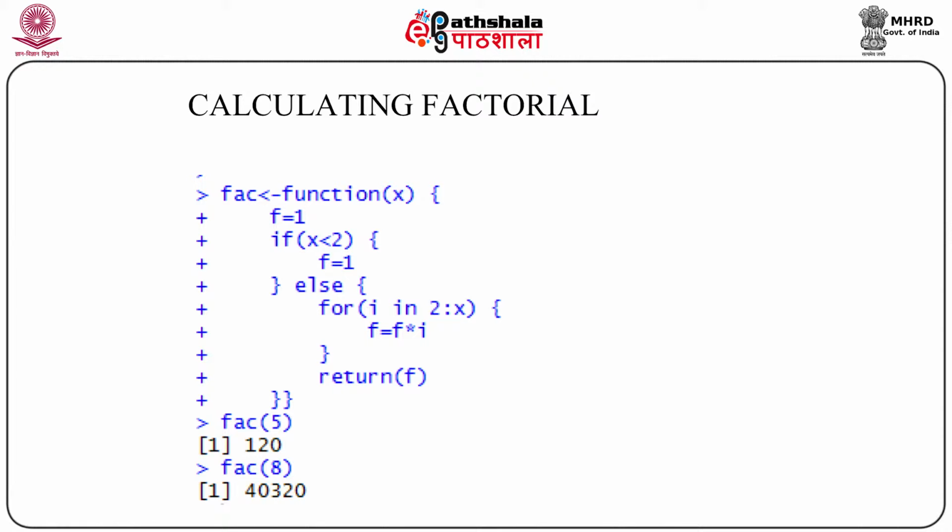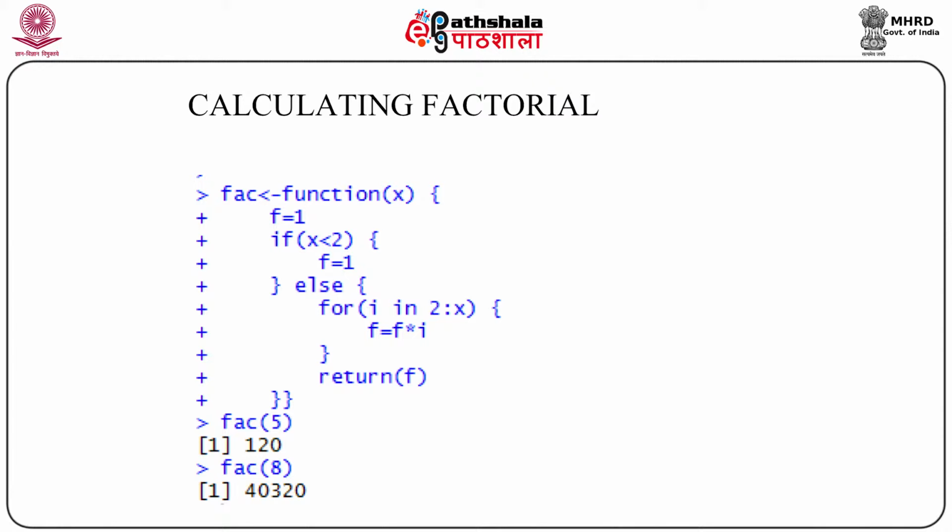Here, we are defining the function FAC, which is a function of x, and we are initializing f to be 1. Now, if x is less than 2, we are taking f to be 1, as we know that factorial 1 is 1, and else, if x is more than 2, we are running a for loop for i in 2 to x and taking f to be the existing value of f times i.